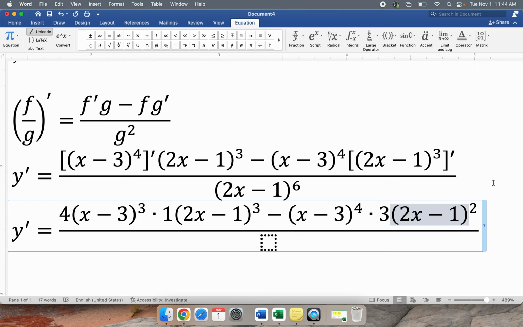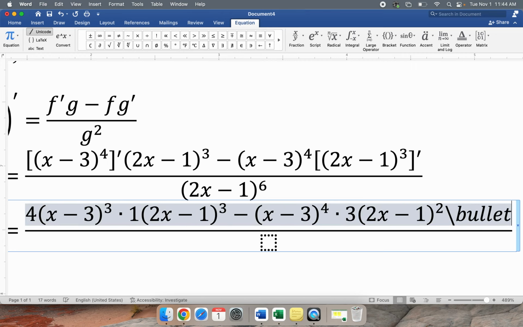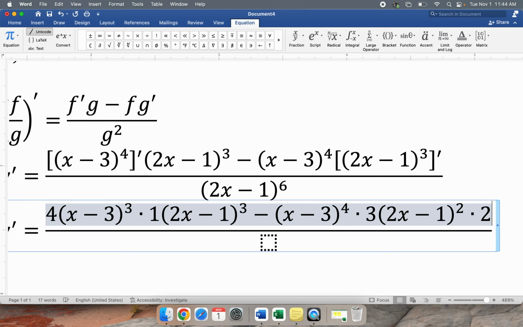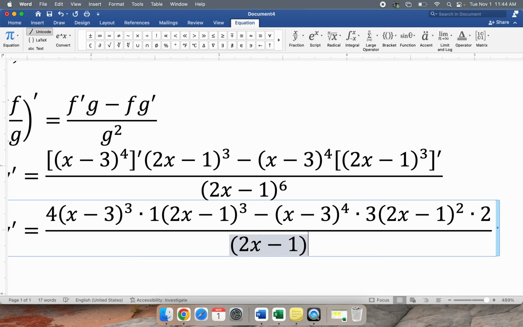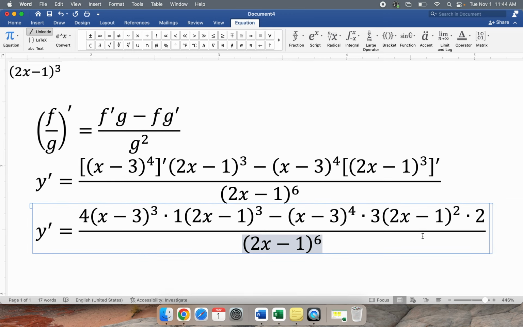But then I'm not done because I also have to multiply by the derivative of the inside, which is 2. And if you are having trouble with this problem, there's a 90% chance that this little 2 right here is exactly the thing that you missed. So check your work if you are having trouble. All over 2x minus 1 to the 6th. And so that's the derivative. It just needs to be simplified.